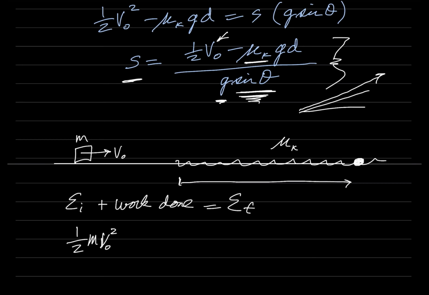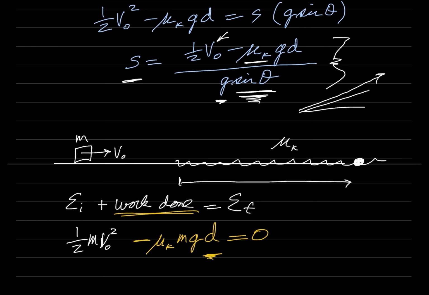And the work done is negative work from friction. So that's negative work, and that would be mu sub k times the normal force times the distance that it travels before it stops. And that equals 0. And through that, you can get the distance.